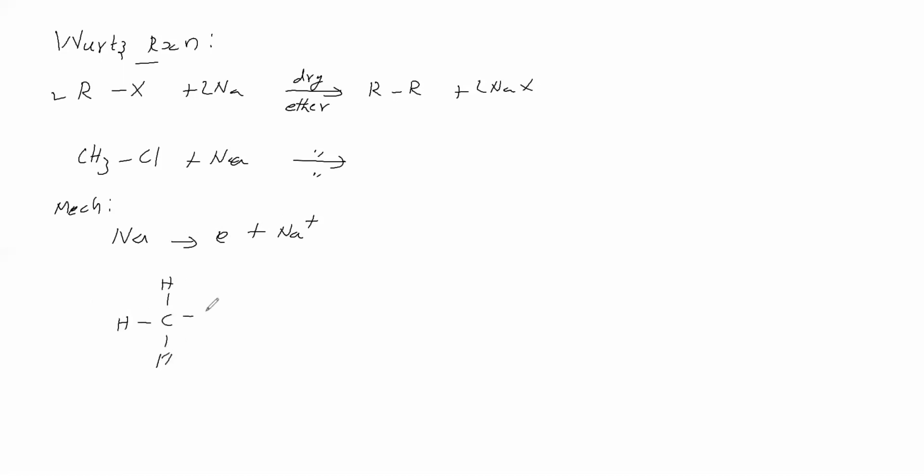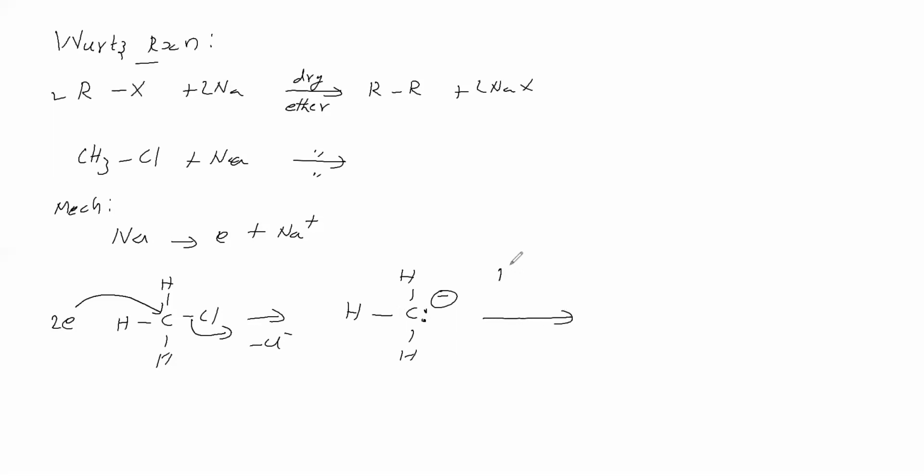Two sodium atoms give 2 electrons, and these 2 electrons attack this carbon. Then this bond shifts like this, therefore Cl minus is leaving. So we are getting a carbanion.